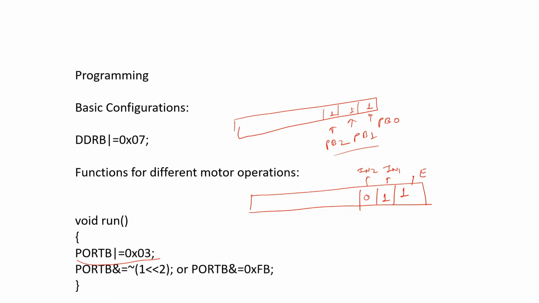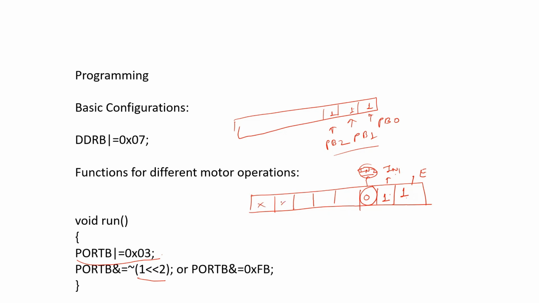Now this syntax will make IN1 equal to 1 and enable equal to 1, but we also have to make IN2 equal to 0. For that we write the statement PORTB &= ~(1<<2). Basically, first we are making 1 1 at these bit positions, then we are doing an AND operation with this number.